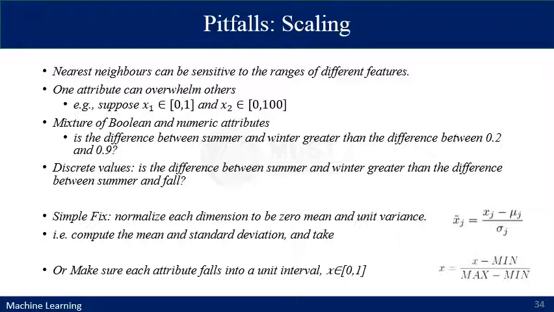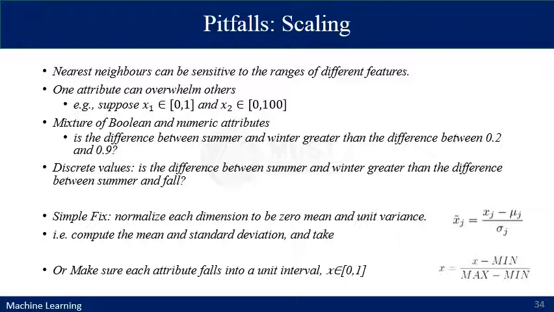So nearest neighbors can be sensitive to the range of different features as well. So one attribute can overwhelm others because suppose you have one attribute x1 which has the range from 0 to 1, and when you calculate the differences, this will contribute very slightly towards the actual distance.